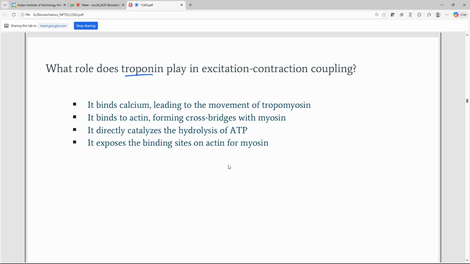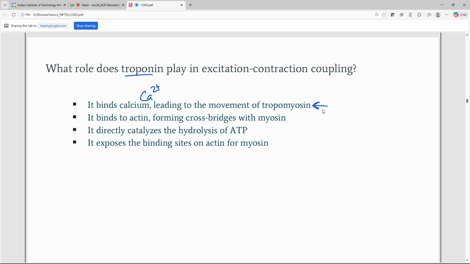The troponin actually binds with calcium, leading to the movement of tropomyosin. This is the direct function of troponin. When calcium is released, it binds with the troponin, which leads to the movement of tropomyosin.